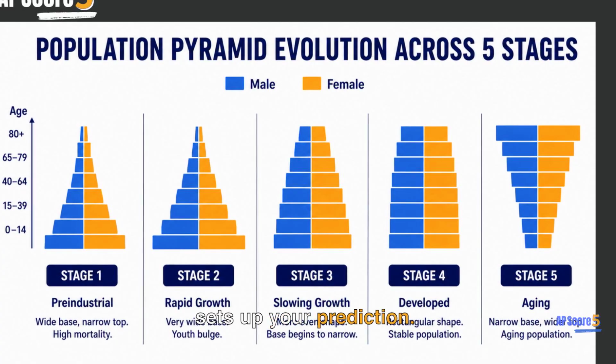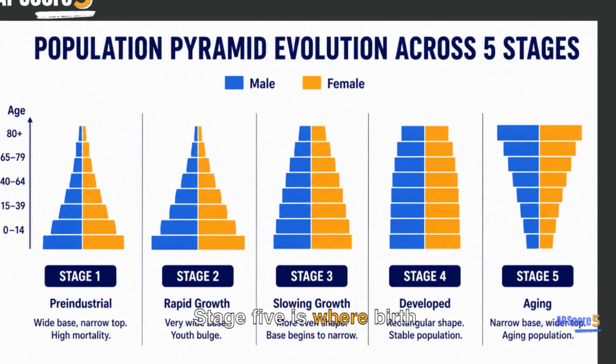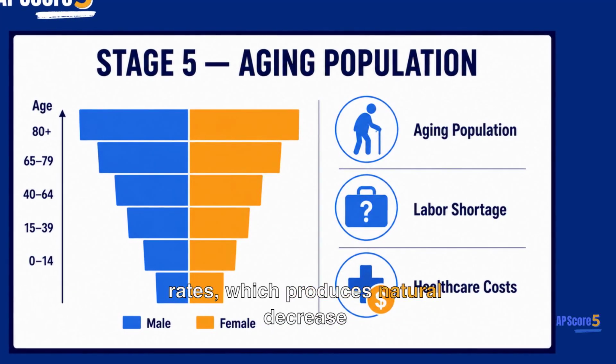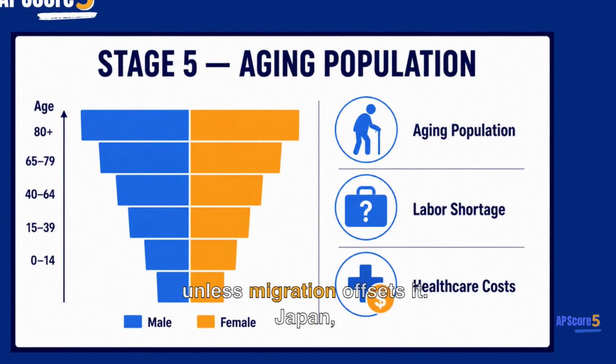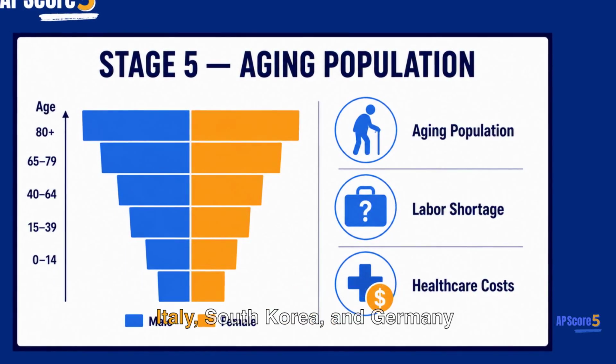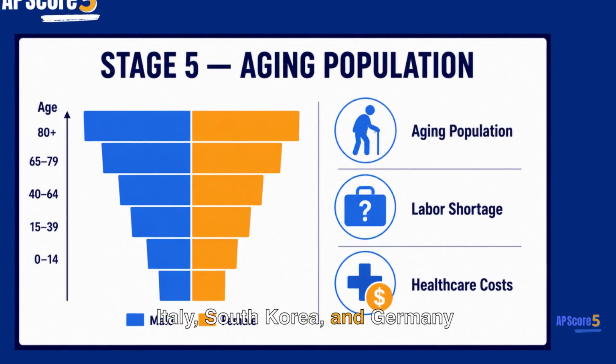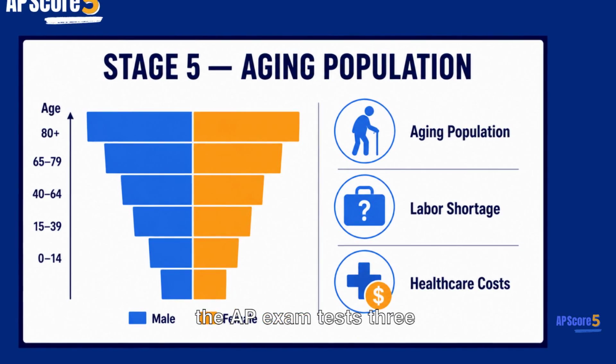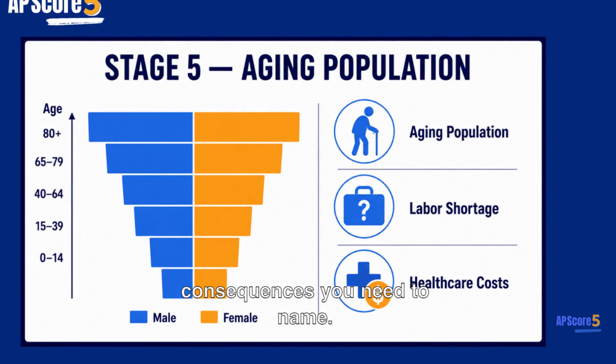Stage 5 is where birth rates actually fall below death rates, which produces natural decrease unless migration offsets it. Japan, Italy, South Korea, and Germany all sit here today, and the AP exam tests 3 consequences you need to name.